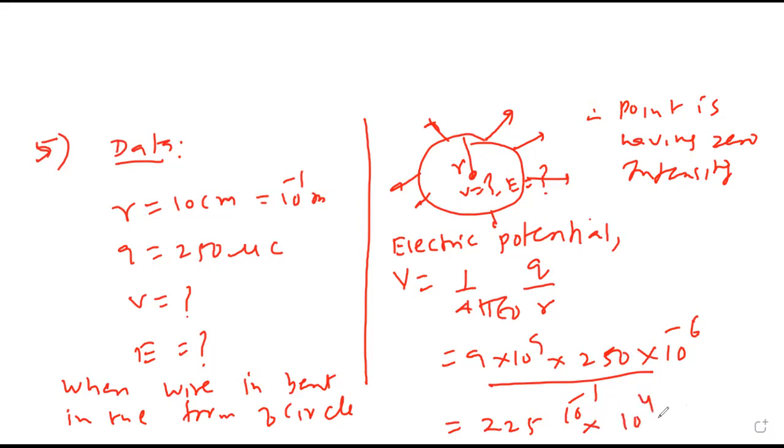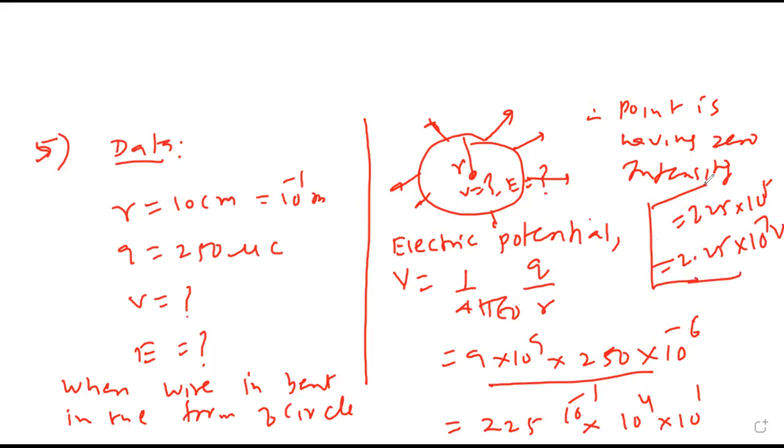So 10 raised to 4 into 10 raised to 1. That will become 225 into 10 raised to 5. So 2.25 into 10 raised to 7 volts. Done? Yeah, sir.